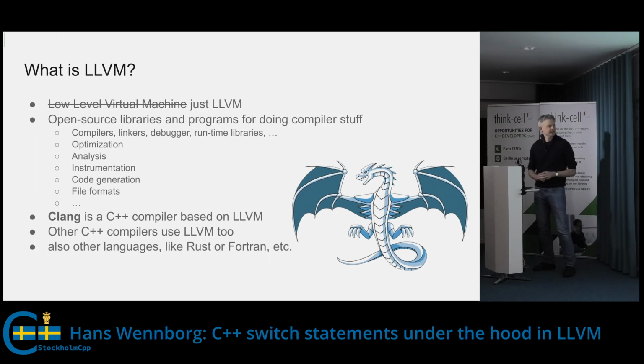And Clang is LLVM's C++ compiler, or really C, C++, Objective-C, and Objective-C++. But there are also many other compilers that use LLVM as a target. I think Intel's C++ compiler uses LLVM these days, and other languages use it too. So Rust, Fortran, Swift, Julia, many others. I think there are Java compilers using LLVM as well.